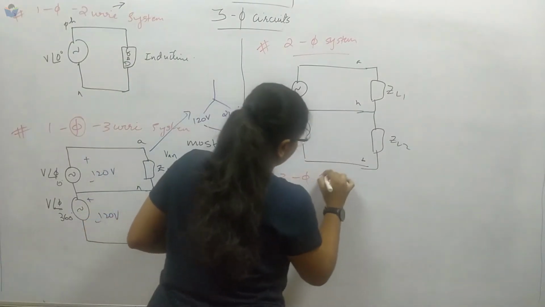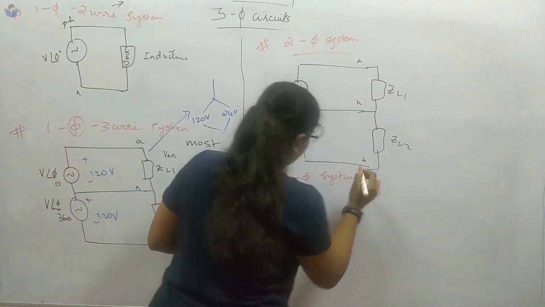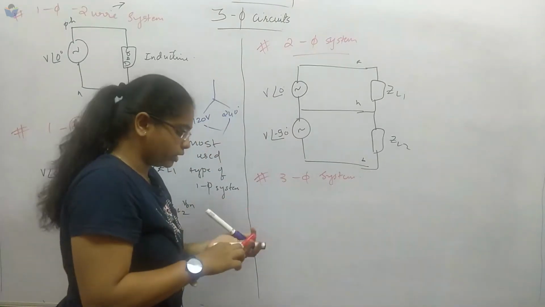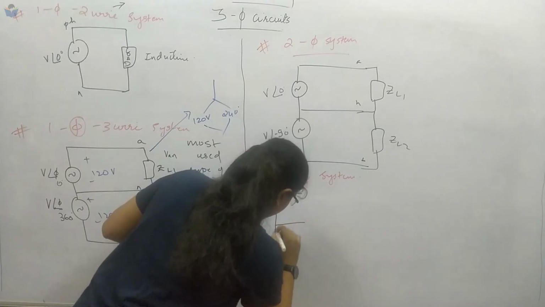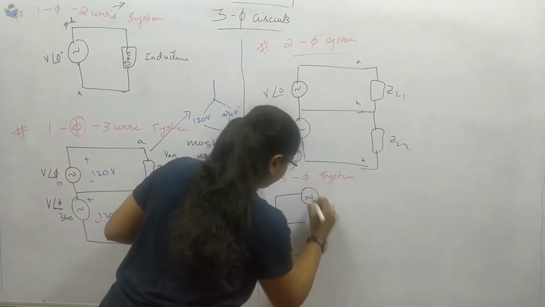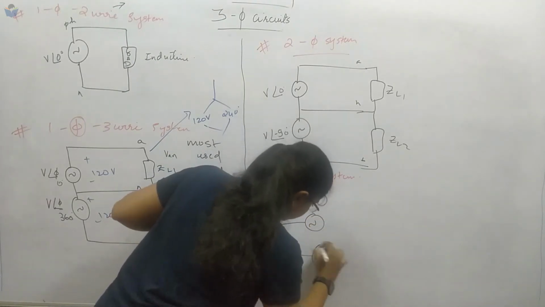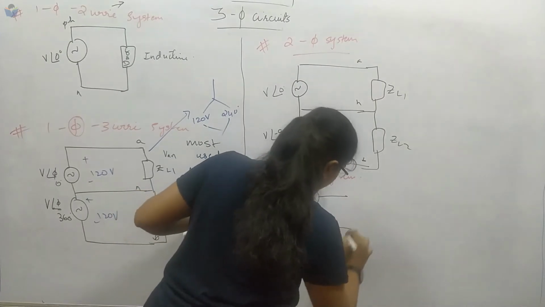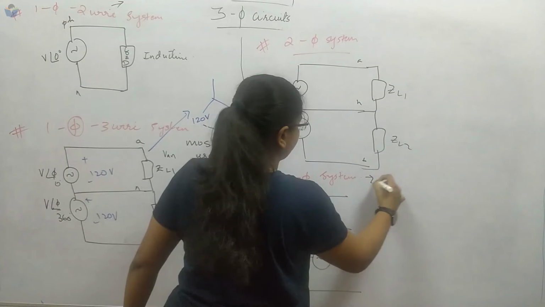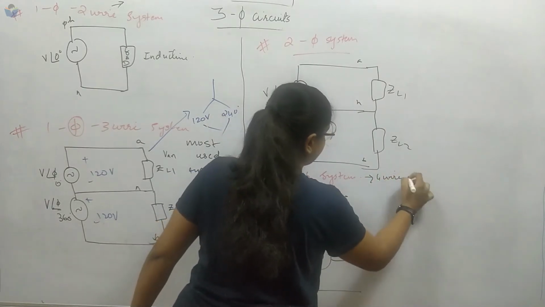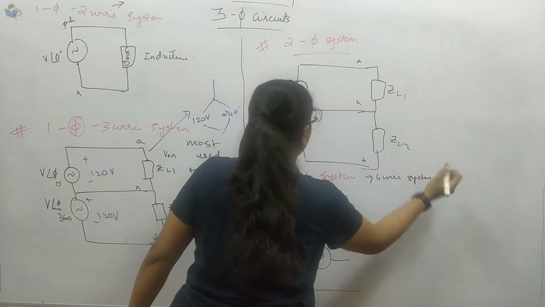3 phase system. In this one there will be 3 voltage sources: this is the 1st voltage source, the 2nd voltage source, the 3rd voltage source, and there will be a neutral. So you can call this a 4 wire system. This is applicable for star.